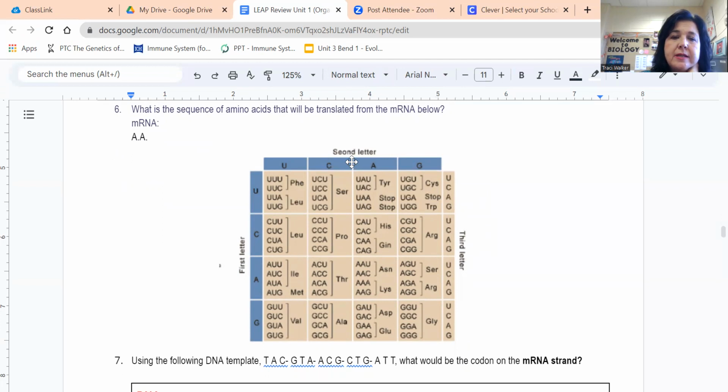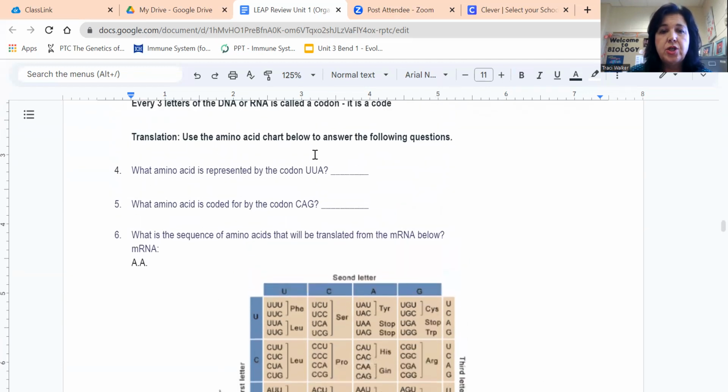Okay. Now my second letter is also U. So here's U across the top would be this column here. But we're looking at where do they intersect. So they intersect right here in this first box. So UUA is right here. We don't even have to come over here to the third letter, but we can. We can find A right there and scroll over this way. And UUA is leucine. And we don't have to remember the words for the amino acids. They're big science words. We just are going to type the abbreviation, which is LEU.